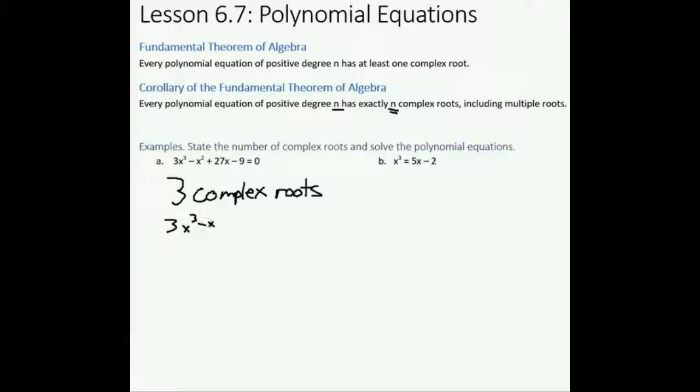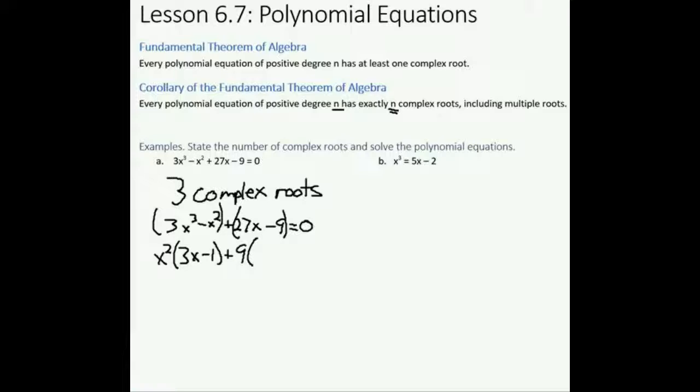So I'm going to rewrite this. I'm going to go ahead and group the first 2 terms and group the second 2 terms. And over here, we have an x squared in common. What's left over is a 3x minus 1. And then here we can factor out a 9.